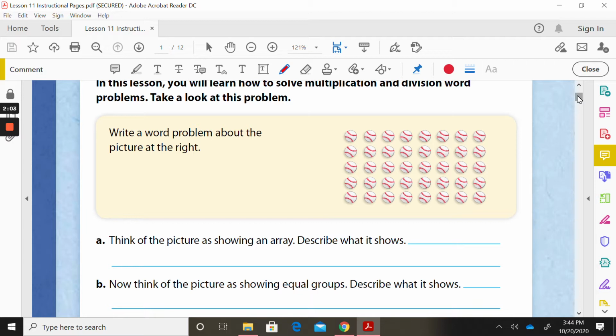Describe what it shows. So if we are looking at this, we can count the number of rows that we have. We can also count the columns. So we're going to do that together. And we're going to count 1, 2, 3, 4, 5 rows. And 1, 2, 3, 4, 5, 6, 7, 8 columns.